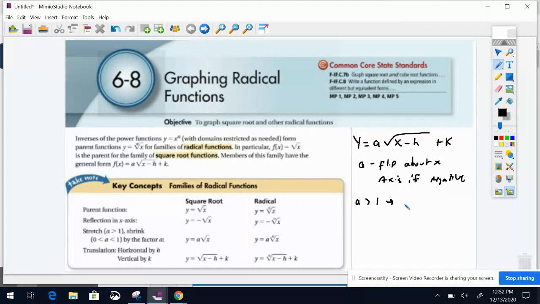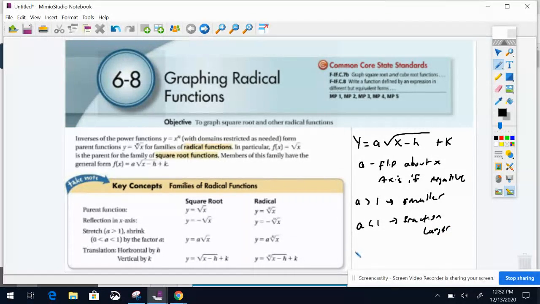As we do that, the graph's going to get thinner. I don't want to call it thinner, we'll just call it smaller. And then if a is less than 1, which is a fraction, it's going to get larger as we go through and graph this.